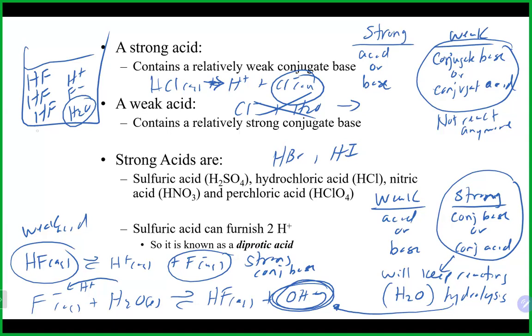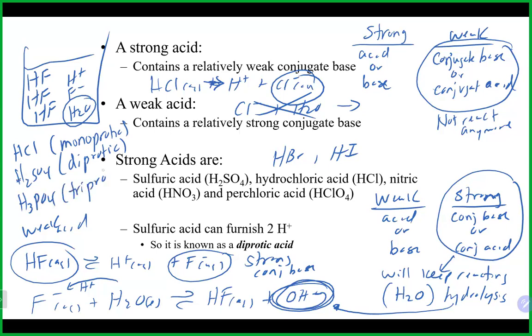If something has the ability like HCl to give away 1 hydrogen, that is what is referred to as being monoprotic, has 1 hydrogen to give. Something like H2SO4 is known as being diprotic, di meaning 2, protic meaning protons, and something like H3PO4, which is phosphoric acid, is sometimes referred to as being triprotic.